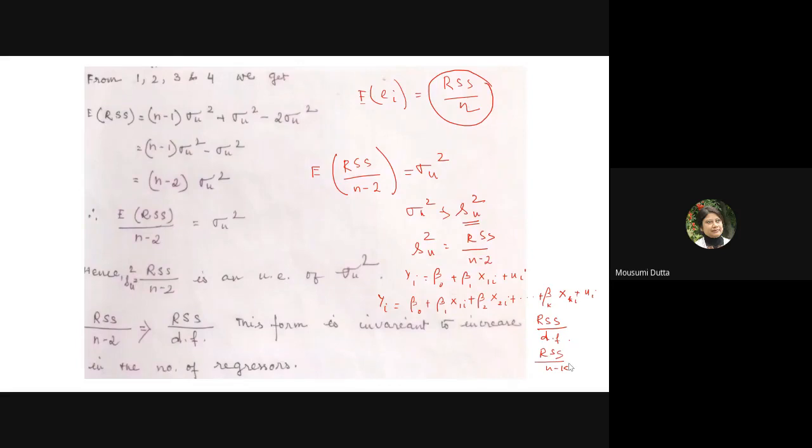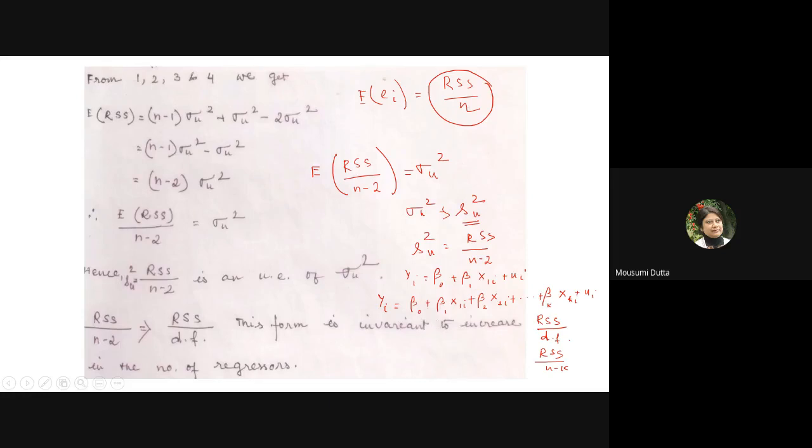Now, if I consider a K variable regression model, where the number of explanatory variables is K, the number of parameters you need to estimate is beta 1, beta 2 up to beta K, and this beta naught.